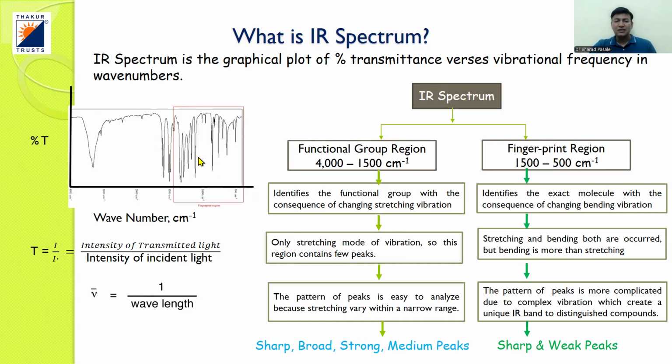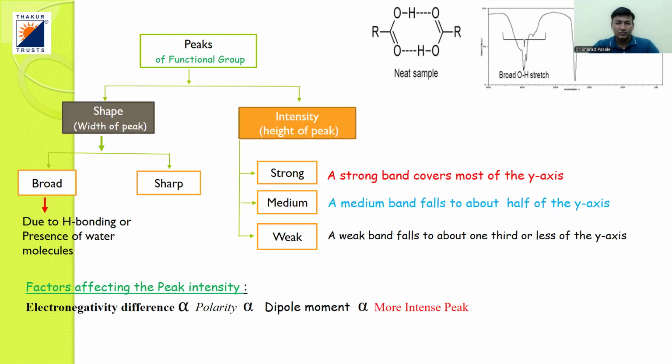Because these functional group peaks are very sharp or broad, strong, and like that. So we can distinguish these peaks for which functional groups. We'll see a few examples, then you will have more idea. It depends on shape as well, right?